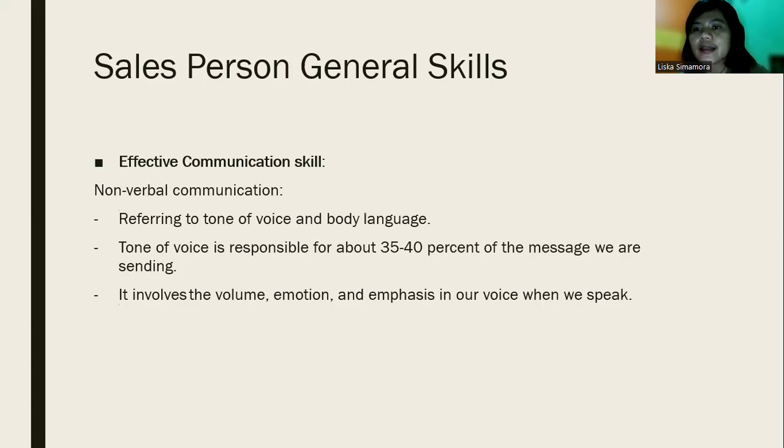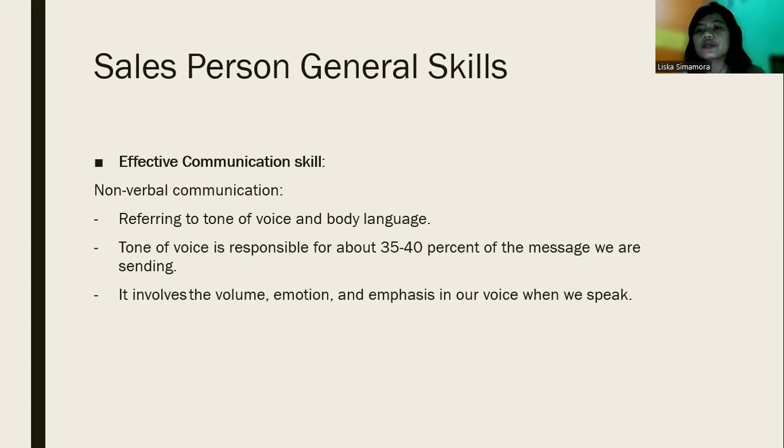If we want to send a sad story, but our tone is just like a happy person, so that does not match, right? People cannot catch the idea. So it involves the volume, emotion, and emphasis in our voice when we speak.